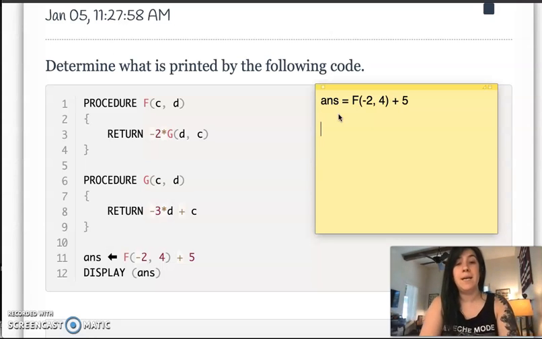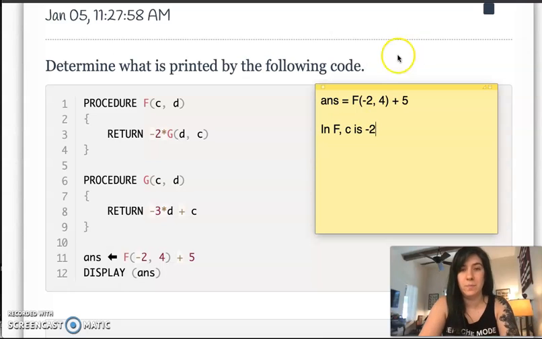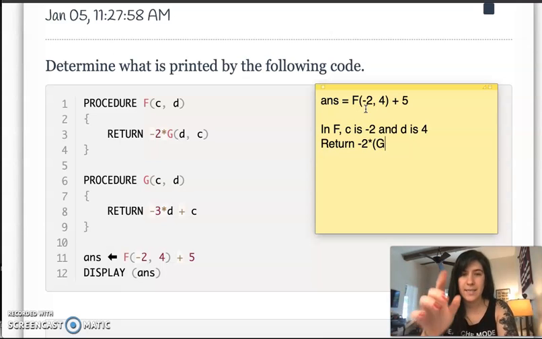So I am going to be inside procedure f. In f, c is -2, that's what was passed up here, and d is 4. And it says that it's going to return -2 times g of d and c.